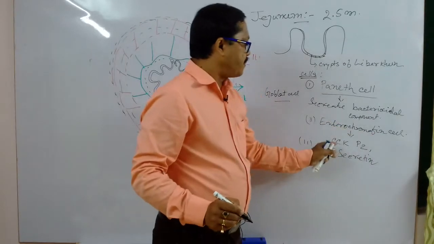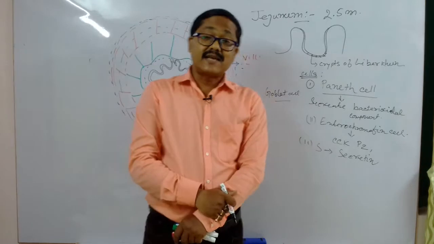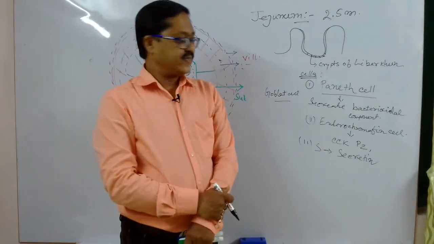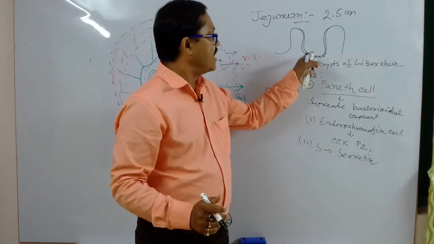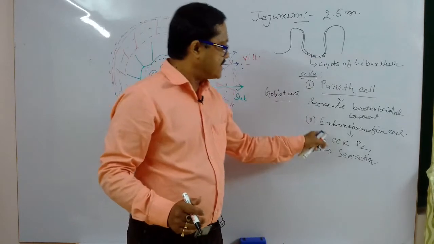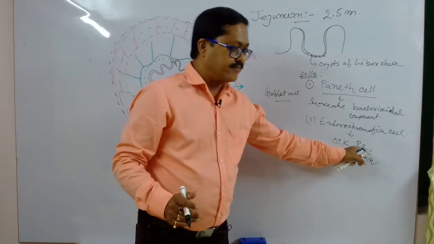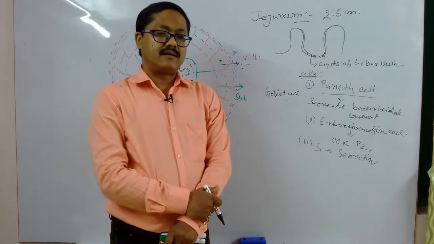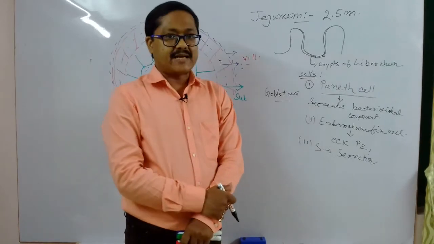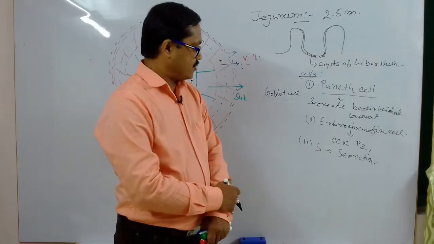Enterochromaffin cells secrete CCK-PZ. What is CCK-PZ? CCK-PZ is a local hormone synthesized from a few cells present in the crypts of Lieberkühn. CCK-PZ stands for cholecystokinin and pancreozymin. Cholecystokinin helps the contraction of the gallbladder, and pancreozymin helps the secretion of pancreatic juice.